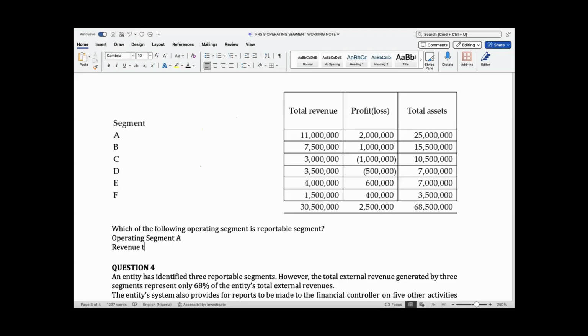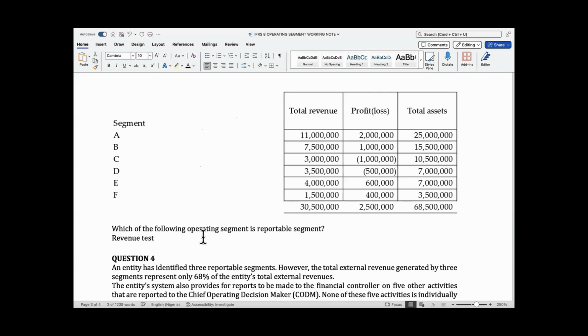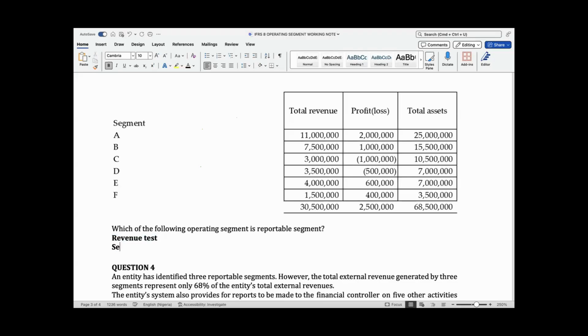First, I do the revenue test. In fact, the best way I think I can do it, I will do the revenue test for segment A. I will do 11,000, and let me just say 11 since there are 3 zeros, divided by the total revenue, which is 30.5.